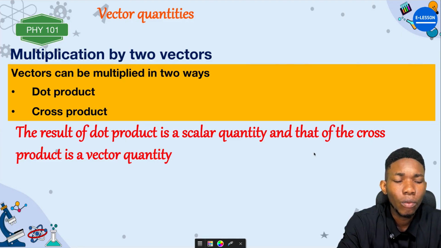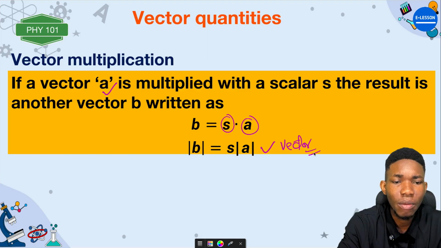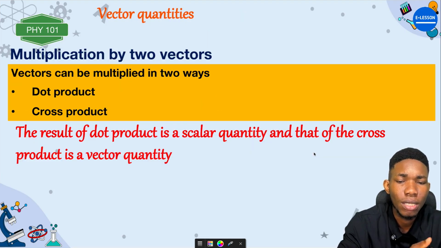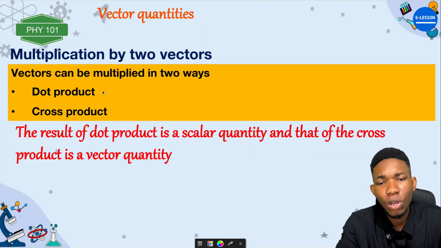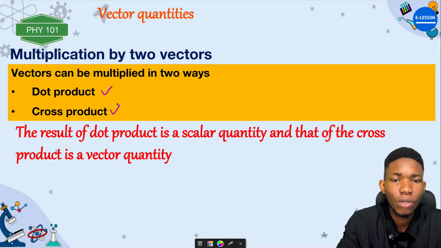Now, we want to look at how vectors can be multiplied. Vectors can be multiplied in 2 ways. Vectors can be multiplied in how many ways, my dear student? 2 ways. We have what we call the dot product, and we have what we call the cross product of vector multiplication.